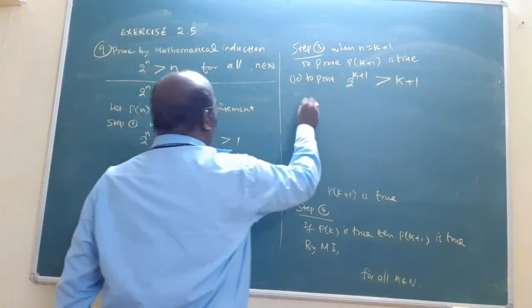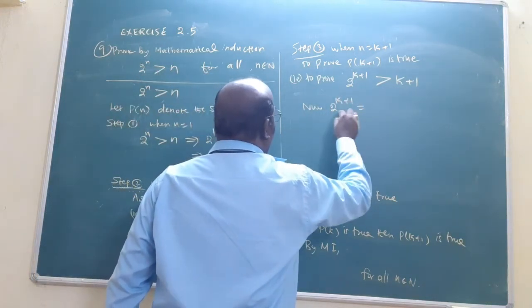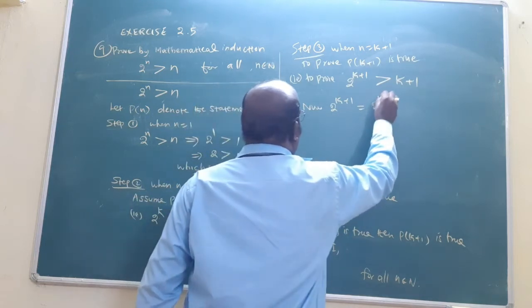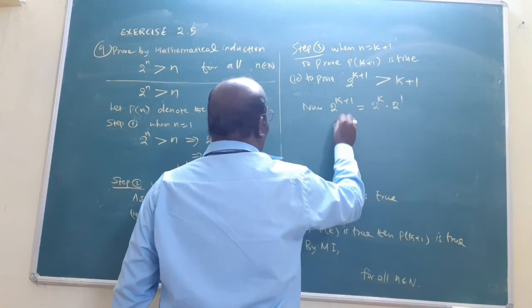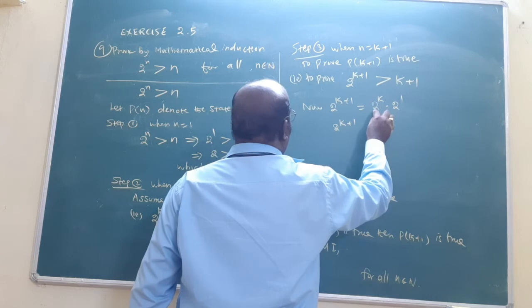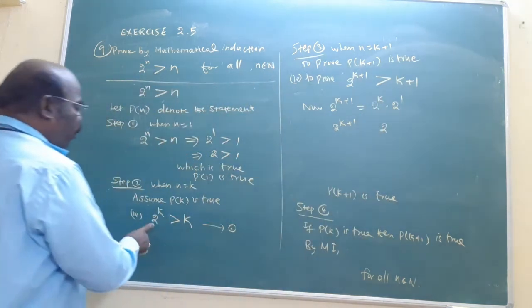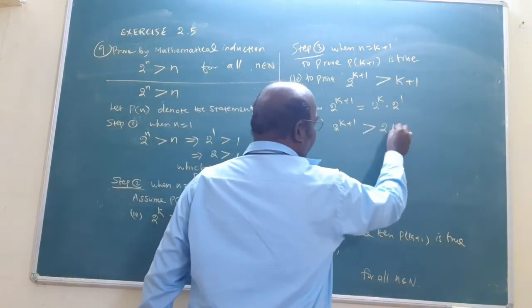Now I am starting with this one. Now 2 power k plus 1 is equal to 2 power k into 2 power 1. Am I right? For 2 power k plus 1, these two have no change. Instead of 2 power k, what is it? Greater than k. Greater than k. Am I right?